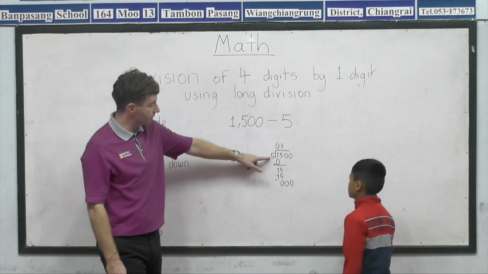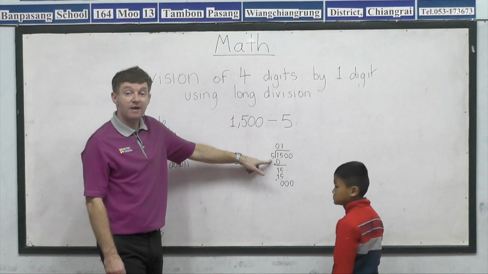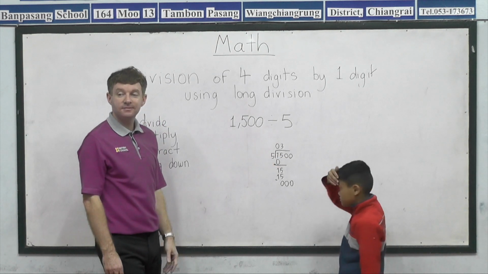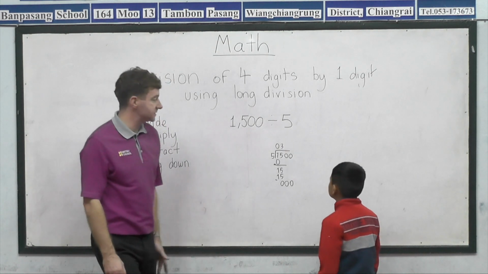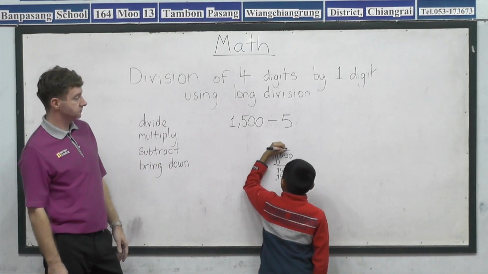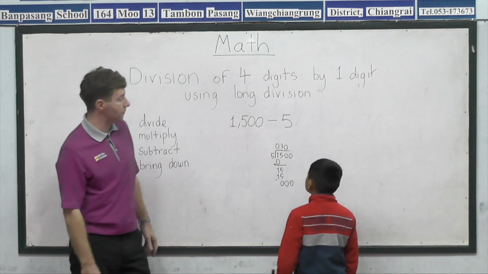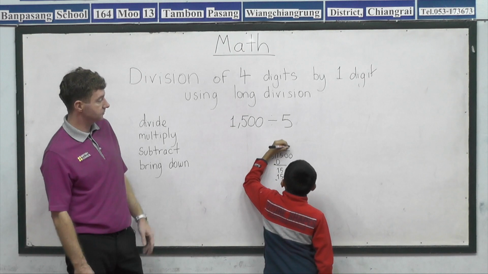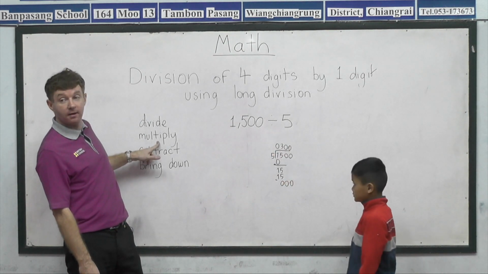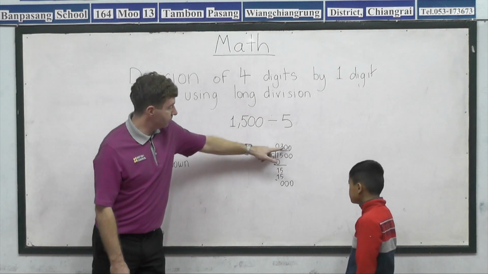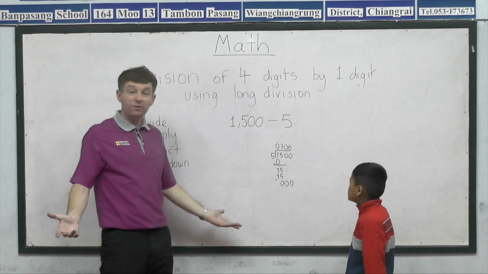Okay, so let's now do it. 0 divided by 5 equals 0. So we can write 0 twice here. And again, you can write another 0 because there's 2 zeros. Excellent. Next, 0 times 5 equals 0.